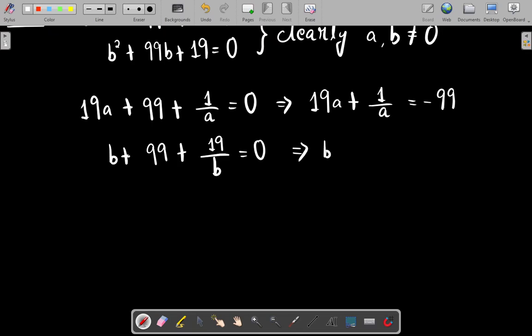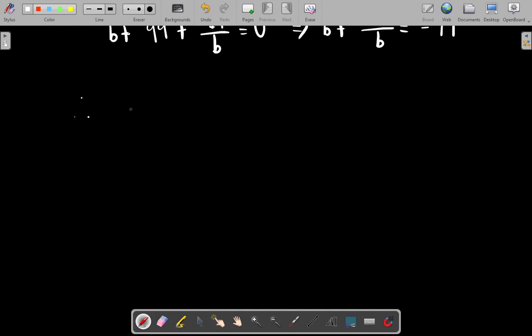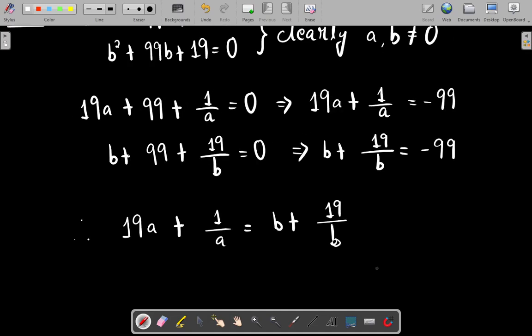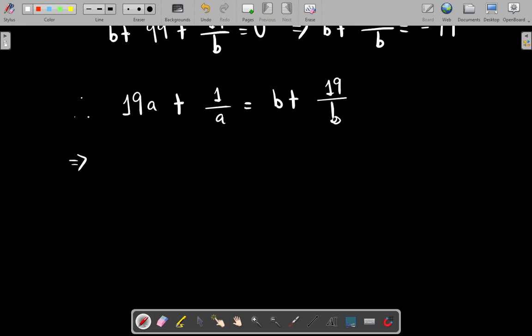The right hand sides are the same, so we can equate them: 19a + 1/a = b + 19/b. Taking all terms to the left hand side, we have 19a - 19/b + 1/a - b = 0.